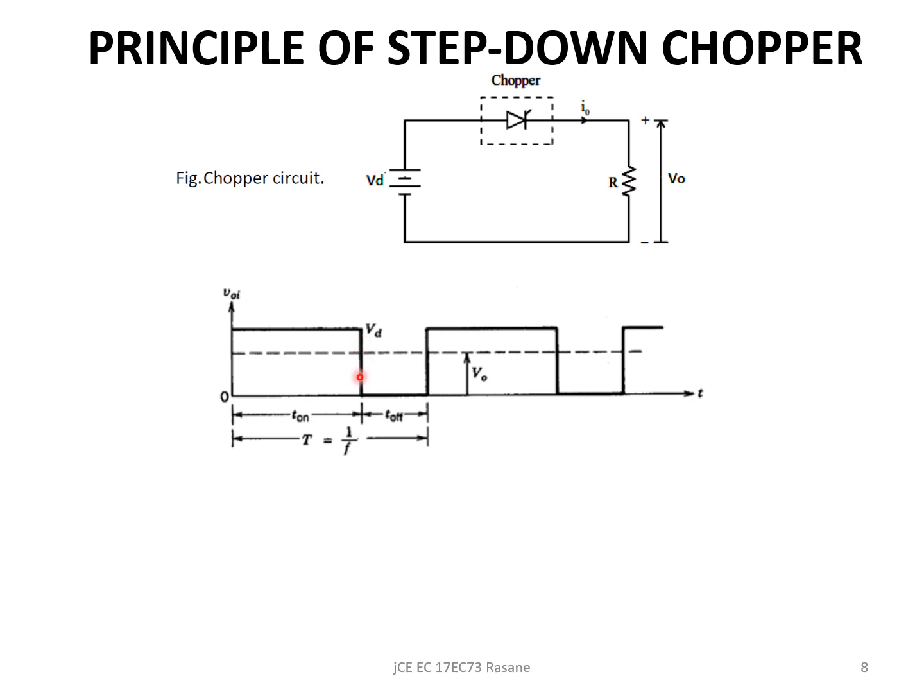By varying this on and off, I can control the average voltage at the output, which will definitely be less than the input because I turn it off for some time. During that time there is no output, so output will be less than the input. The figure shows a step down chopper with a resistive load. You can see that the load is purely resistive, such as a heating element.